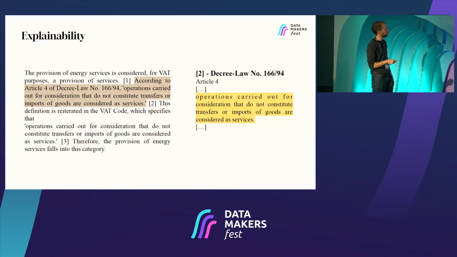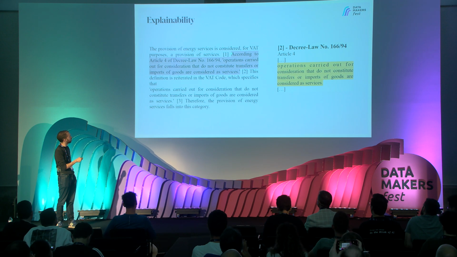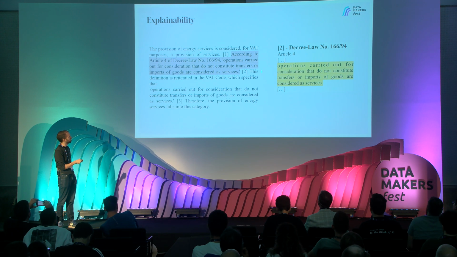So for example, this is a very simple example. This is our document, and this is the answer that was generated. Here we have the citations, and here we can see that the part that was used to generate this one was this one over here, but this one is very simple because it's the literal phrase, right?